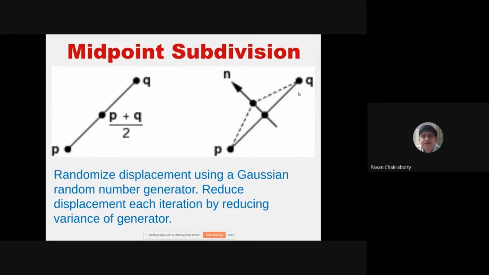I could take 10% or I could take some fixed amount. Now, what you have is two children. That is, one child is P to this point here, and another from this point to Q. Okay, now these two children, again, I'll take the centers of these and then push them out.